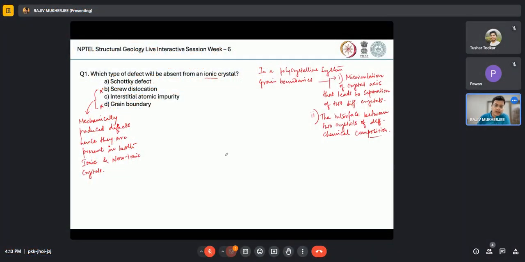So if I classify point defects, then again point defects can be classified based on the bulk composition, whether it is non-ionic or it is ionic crystal.